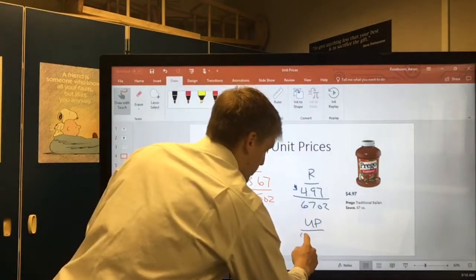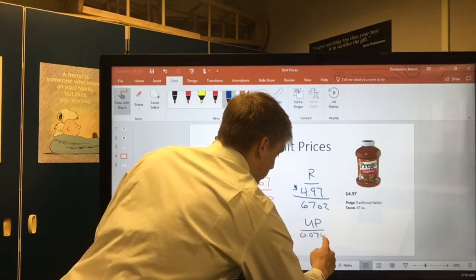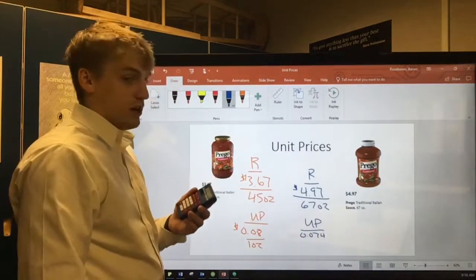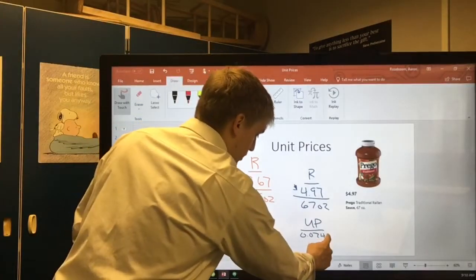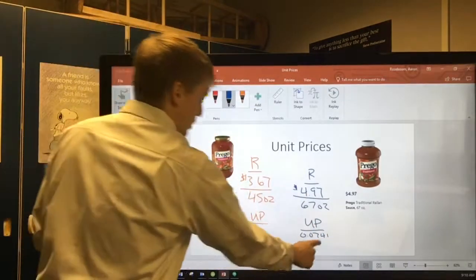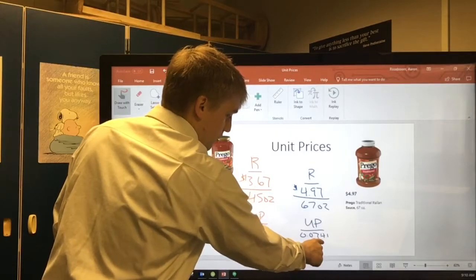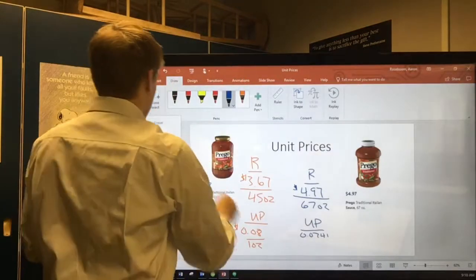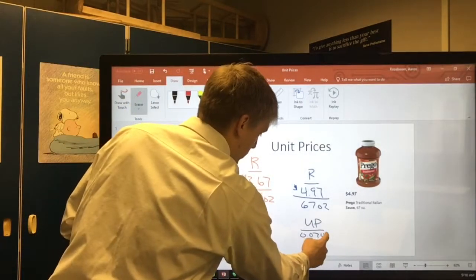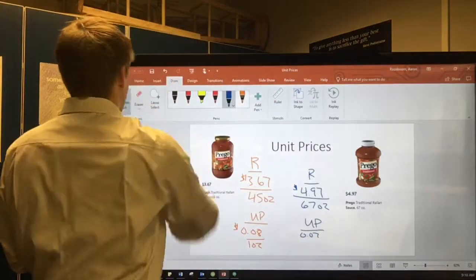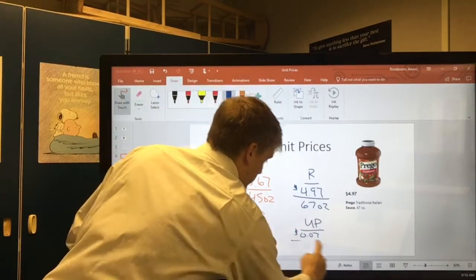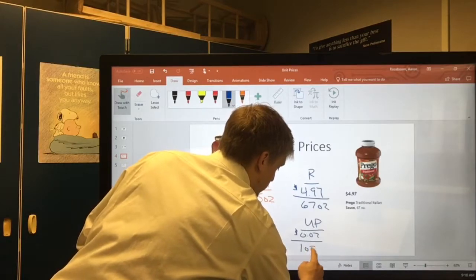You get 0.0741791, but we just need up to the thousandths. So 4 tells the 7 to stay, so we can get rid of that. So this would be 7 cents per 1 ounce.